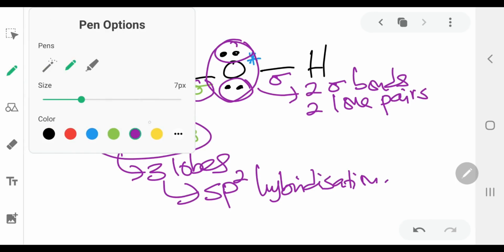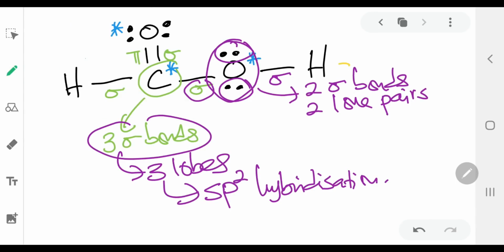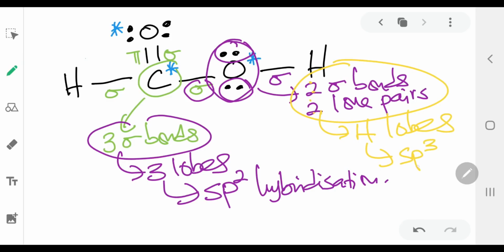So this is telling you that you have 4 lobes. 1, 2, 3, 4. So 4 lobes is SP3 hybridization. That is SP3.